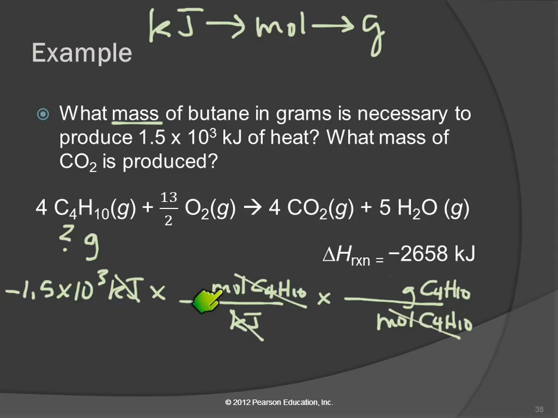So this moles to kilojoules is just from this balanced equation. 4 moles of butane, just like doing the mole ratios. I put a 4 in front of the moles, and the kilojoules is just the heat of reaction that's given. Go ahead and put the minus sign in there.